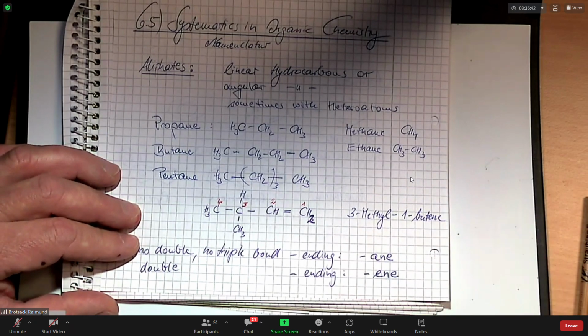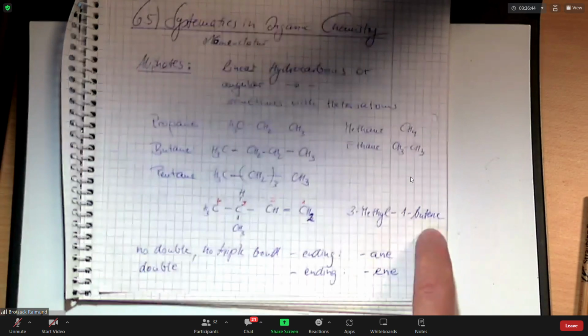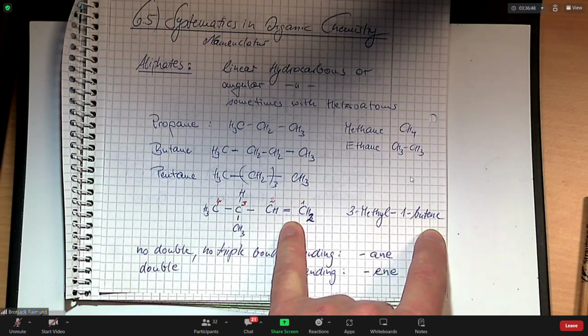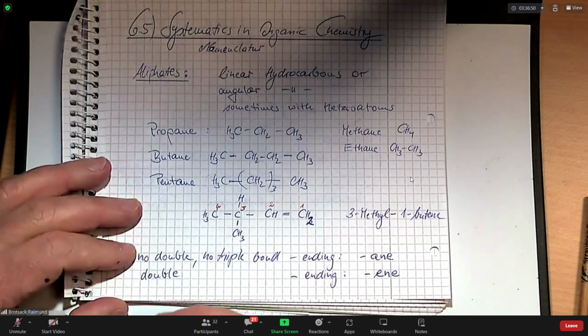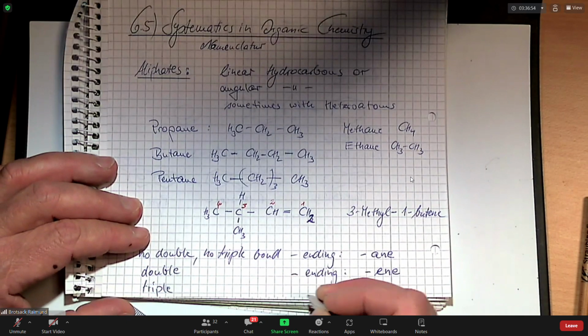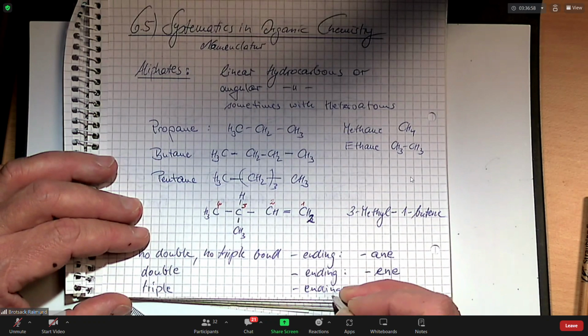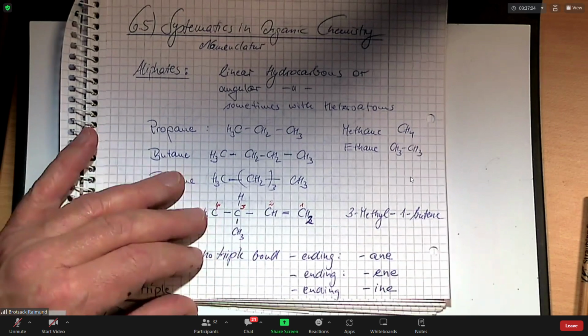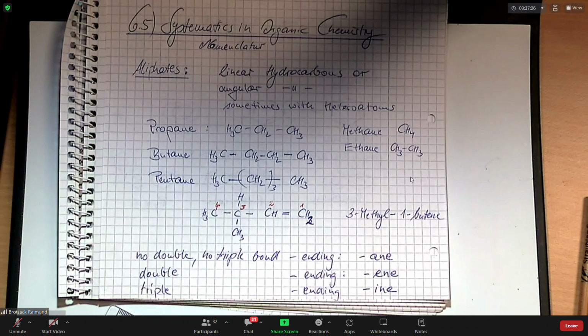It's not a butane in this case, it's butene because we have one double bond. And if we have minimum one triple bond, then the ending is -yne. That's just dealing with the ending.